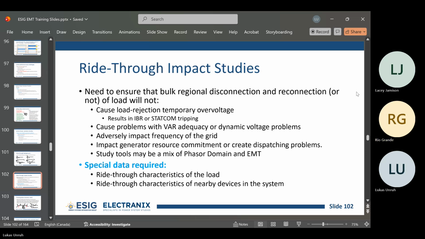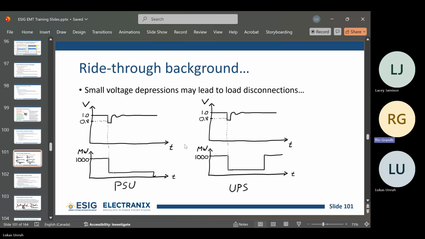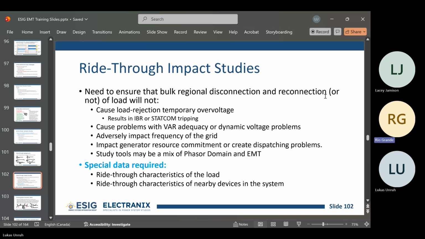So yeah, the type of issues that we might be worried about when it comes to the ride-through impact, one is of course the load rejection, temporary overvoltage. So even in this previous example where the load goes onto UPS, this voltage might go quite high when this load is gone, because you have a load rejection happening, and that load rejection might be quite large, and it might cause things to trip if it's big enough.